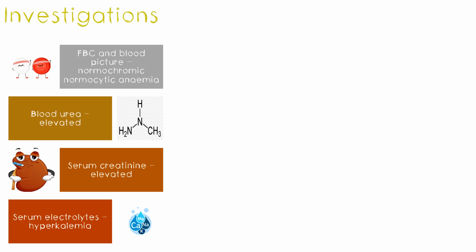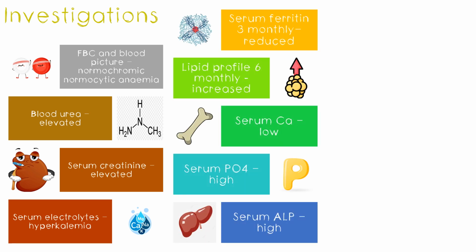Then we may see certain complications like hyperkalemia and hyponatremia, as well as low serum ferritin levels due to associated iron deficiency. Serum lipids can be increased and serum calcium can be low due to the renal osteodystrophy.